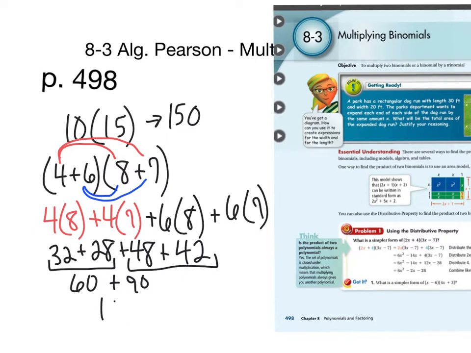And 60 plus 90 is 150. You might think that was a very complicated way to work that out when we could have just done 10 times 15 to begin with. And I'll agree, I would never work the problem out this way, but I want to prove to you that it works, that if we do a binomial times a binomial, it's kind of like distributing both of those into the second set of parentheses, is one way of thinking about it.